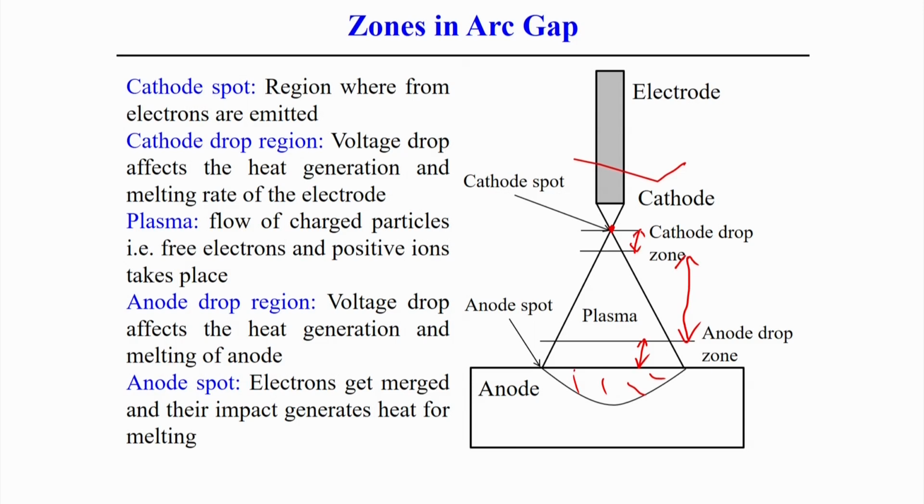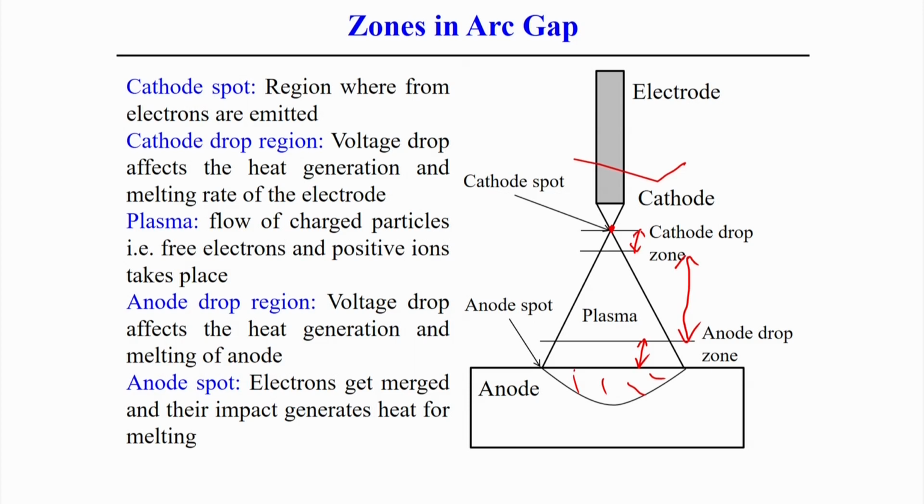At the cathode spot, electrons are emitted. At the cathode drop zone, the voltage drop affects the generation of heat and the melting rate of the electrode. In welding we can use either a consumable or a non-consumable electrode.